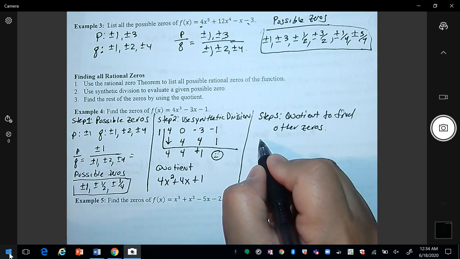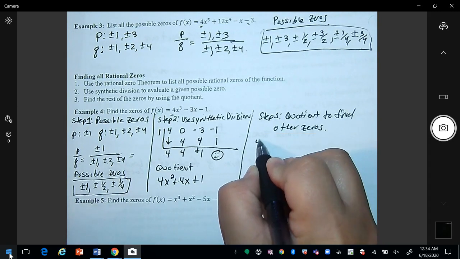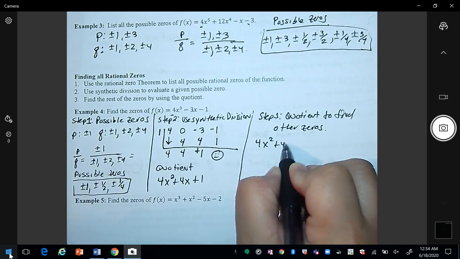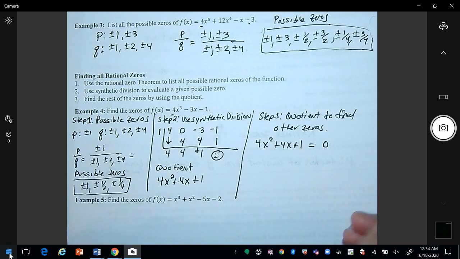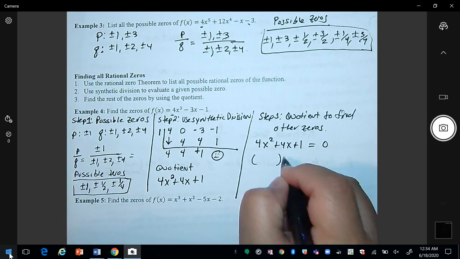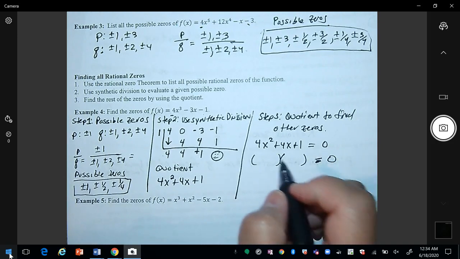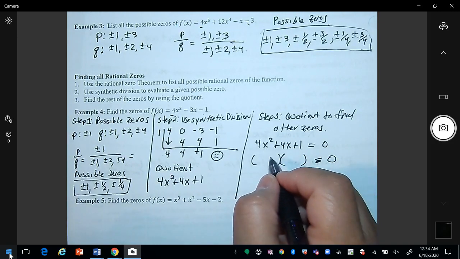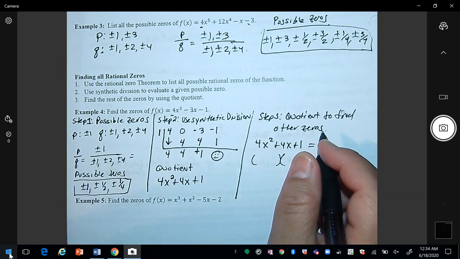Once we have our quotient ready, then we have options. Since this is quadratic, you can either try to factor or you can use the quadratic formula. I always tell my students, if you're going to factor, give yourself a minute or two. If you can't factor, then it might not be factorable, so you will have to use the quadratic formula.